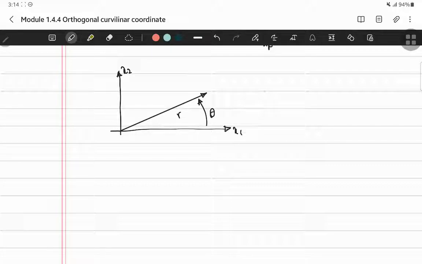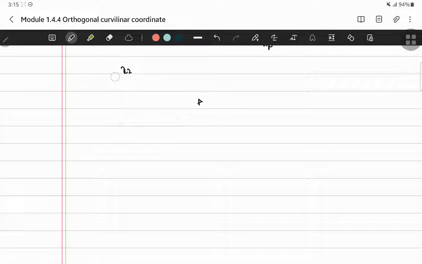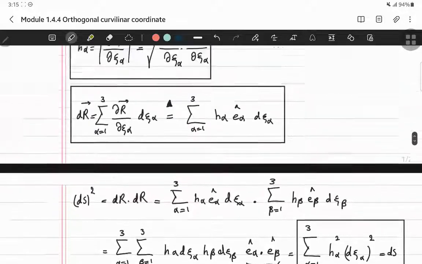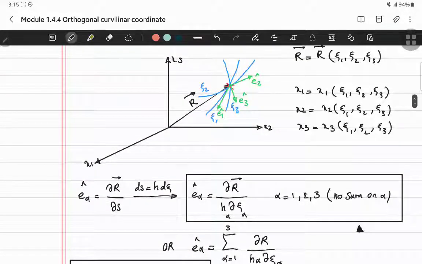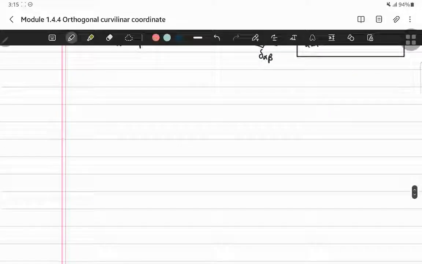We want to know how e_r is basically changing with respect to theta, or how e_theta is changing with respect to theta, or r, or whatever. So this is the same concept in here. So we want to know how e alpha is changing with respect to Z.